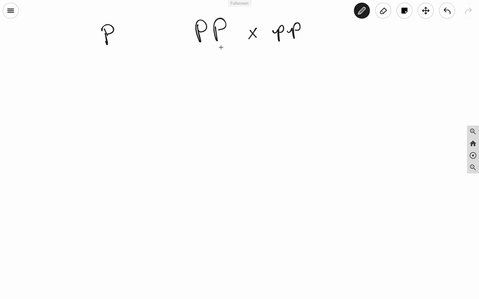Each of these plants can only pass on one allele at a time. So this parent, let's say this is mom, can pass on an egg with a big P or an egg with a big P. This parent, let's say it's dad, can pass on a sperm with a little p or a sperm with a little p. Those are the same because they're true breeding.